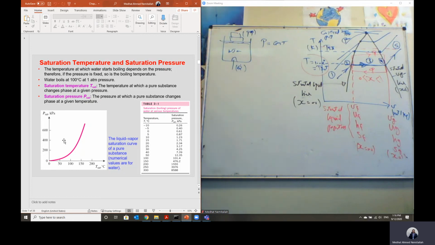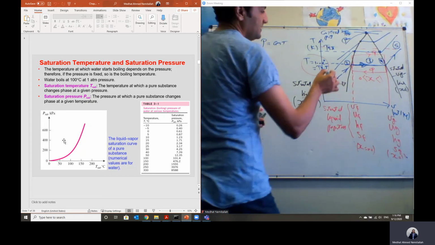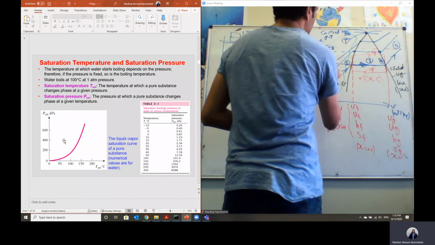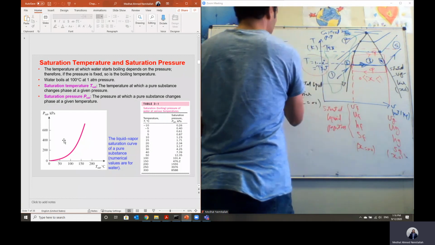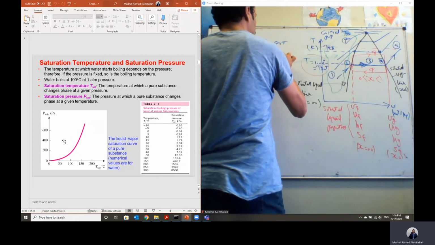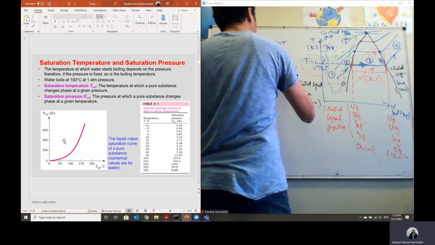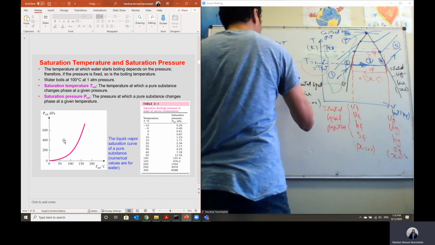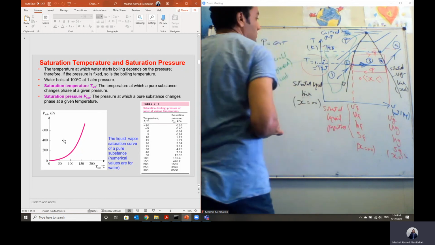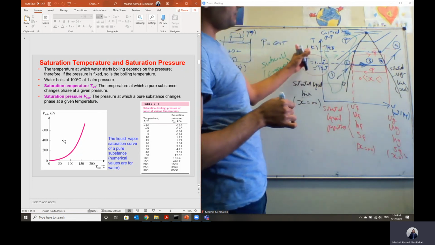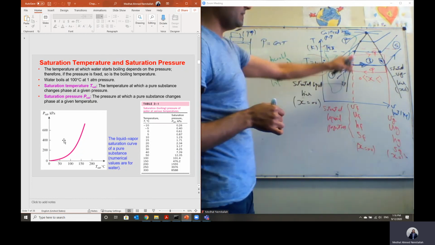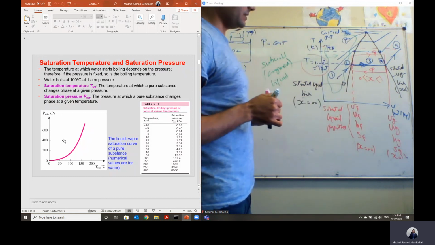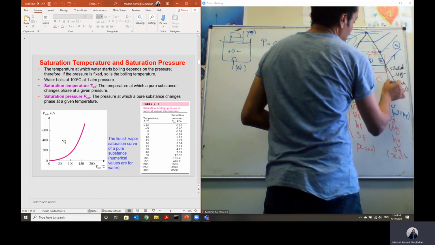Okay. To the left-hand side of the saturated liquid line, in this zone, the state of the substance is called subcooled or compressed liquid.